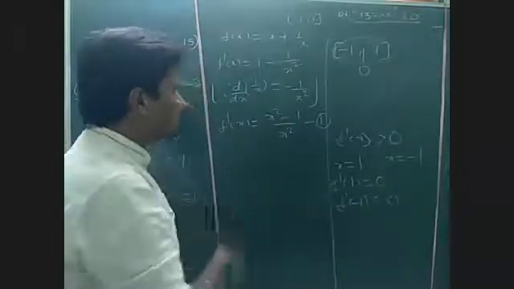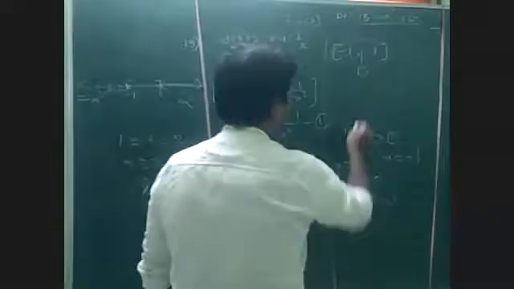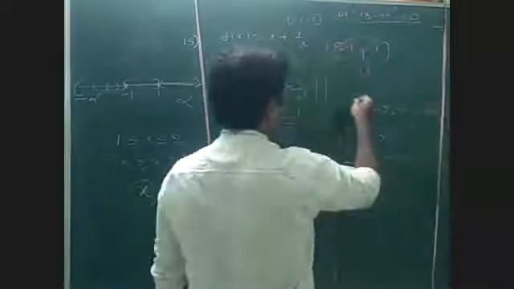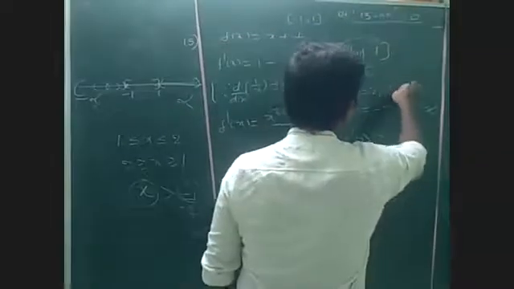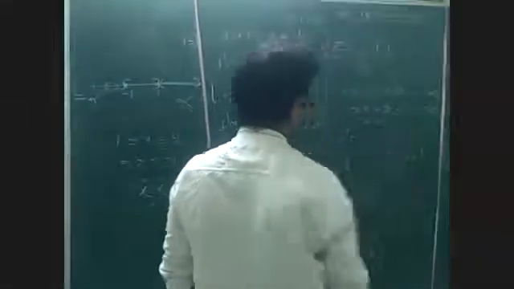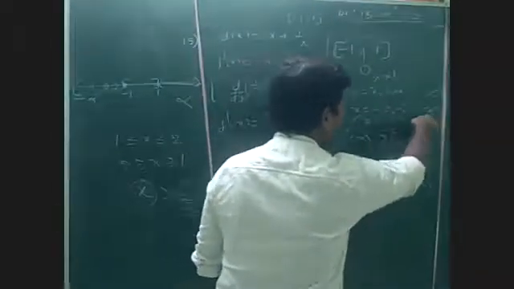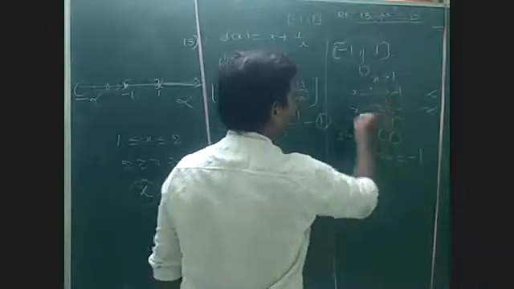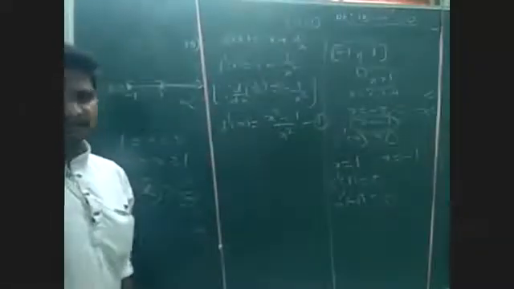Except that, substitute the remaining values, like x is equal to -2, -3 up to minus infinite, and x is equal to 2, 3, 4 up to plus infinite. This is nothing but x less than -1 and x greater than 1. x less than -1 means x may be -2, -3, -4, and x greater than 1 means x may be 2, 3. In these two cases, what about f dash of x?